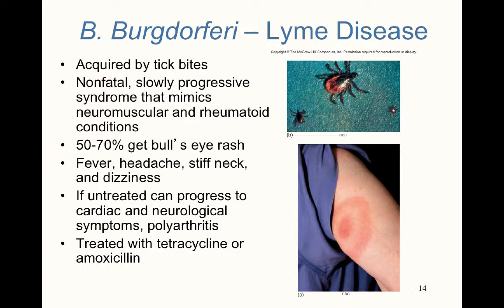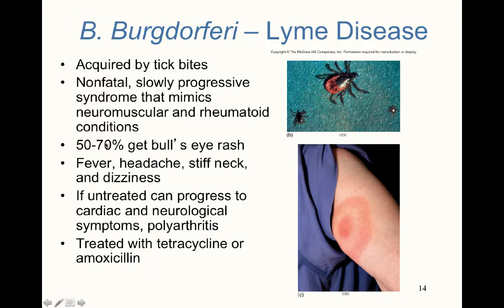So there's a lot to still learn about this pathogen, whether there's irreversible damage that's caused or whether this pathogen may lie dormant. But very important to get diagnosed and treated because it can progress to cardiac and neurological symptoms and painful arthritic conditions.